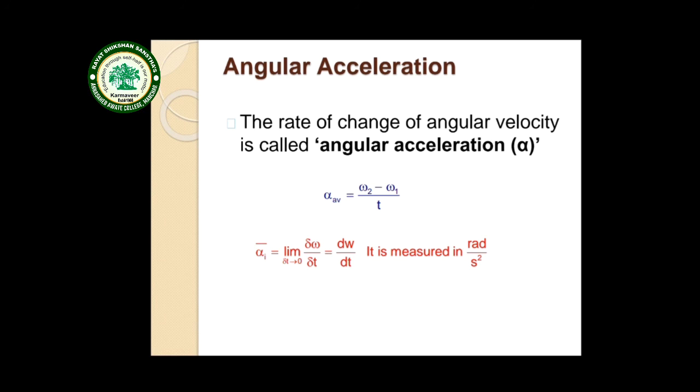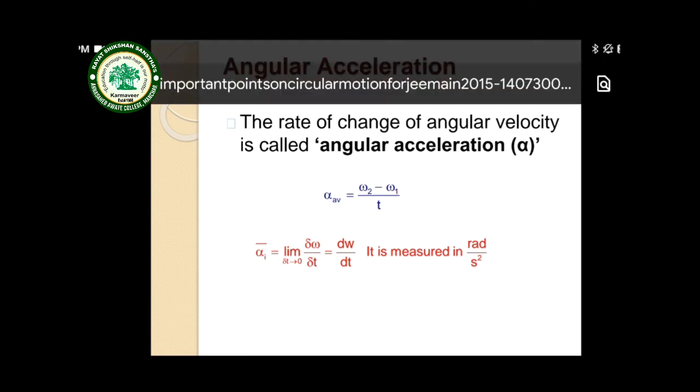In SI units, it is measured in radians per second squared, which is the unit of angular acceleration, and is usually denoted by alpha.